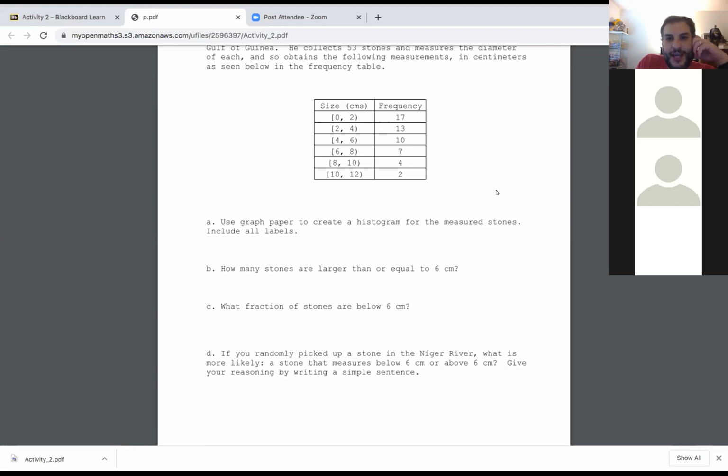Can I use 4 to 6? I can't use 4 to 6 because the 6 has a parenthesis, telling me it's actually from 4 to 5 centimeters. So if I want it to be bigger than or equal to 6 centimeters, I have to use 6 to 8. I also have to use 8 to 10, and I also have to use 10 to 12. Okay, got it.